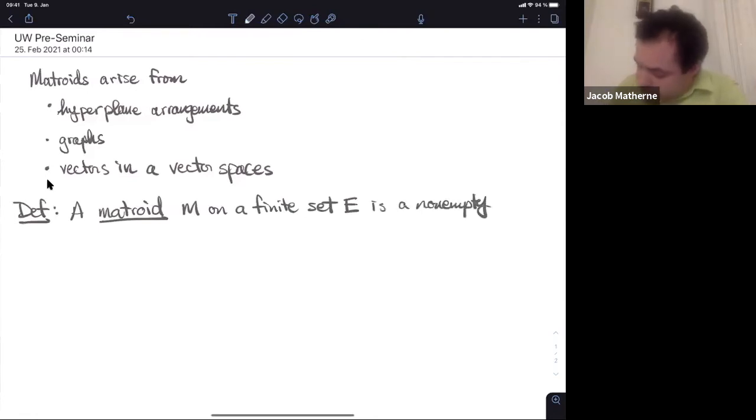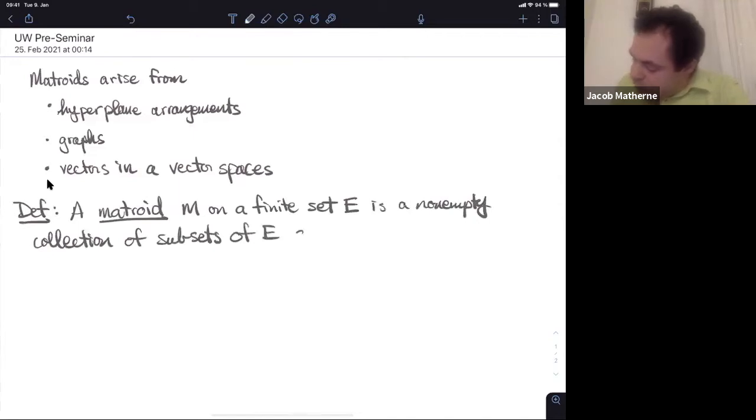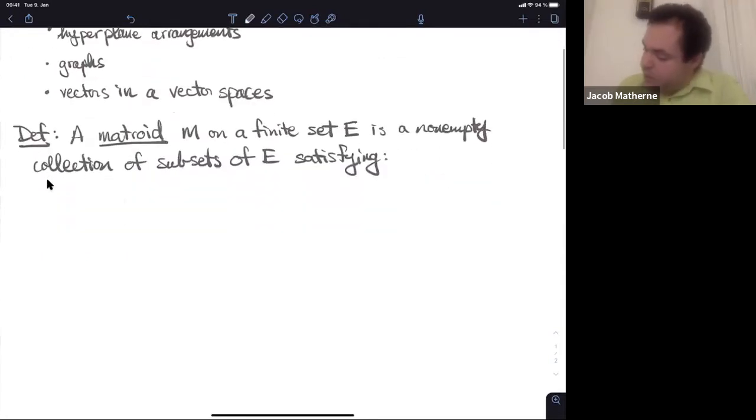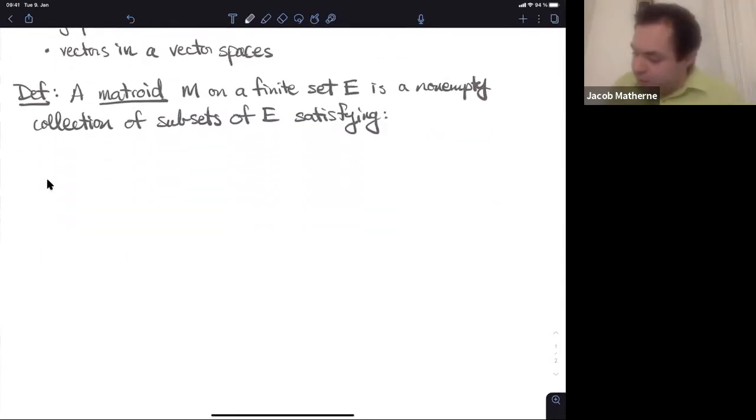So it's a non-empty collection of subsets of E, satisfying some properties. So my subsets are going to be called flats. All the definitions of matroids are like you have some subsets satisfying some properties, but my subsets are going to be called flats.